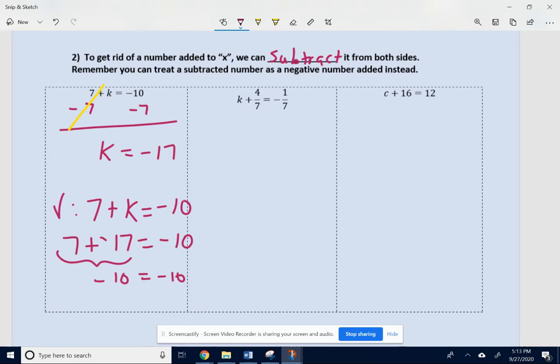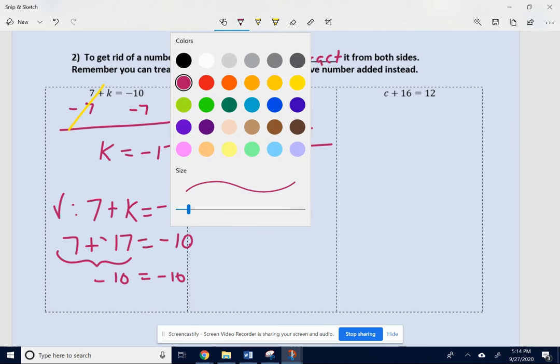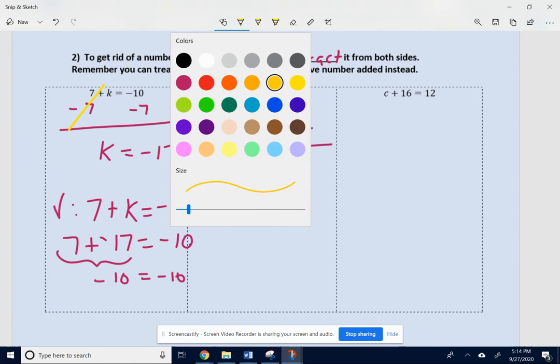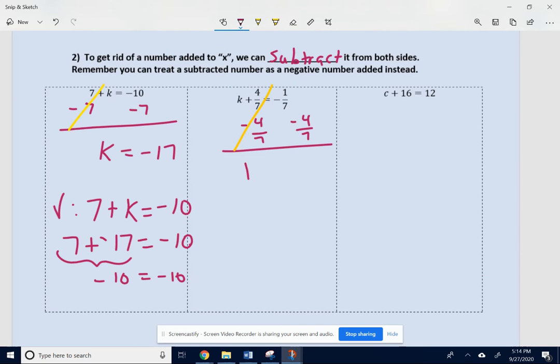The next problem, k plus 4/7 is equal to negative 1/7. Get rid of the added 4/7 by subtracting 4/7. The added 4/7 and the subtracted 4/7 go away. So we're left with k on the left. On the right, another example of a subtracted number. Think of it as an added negative number.